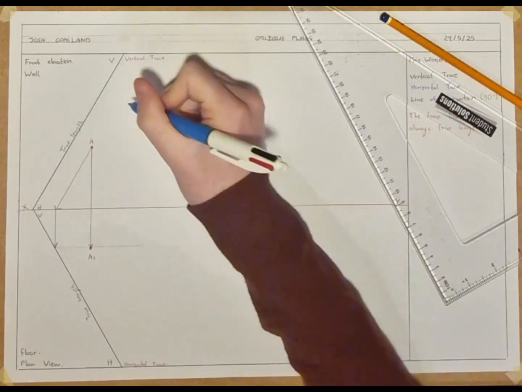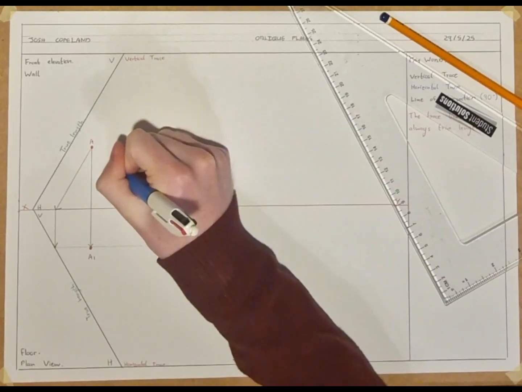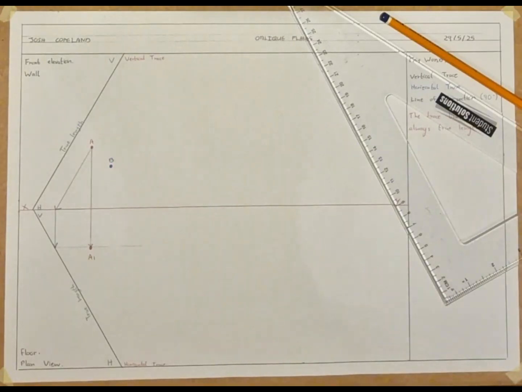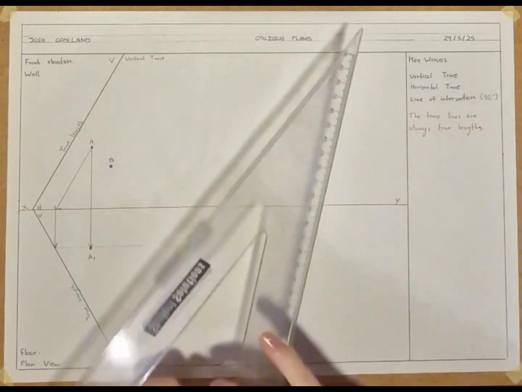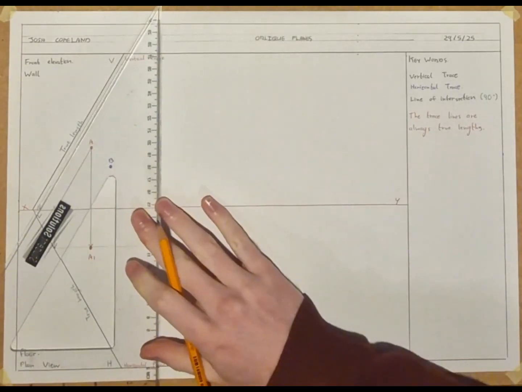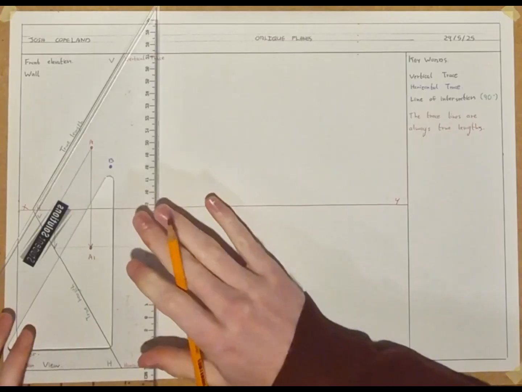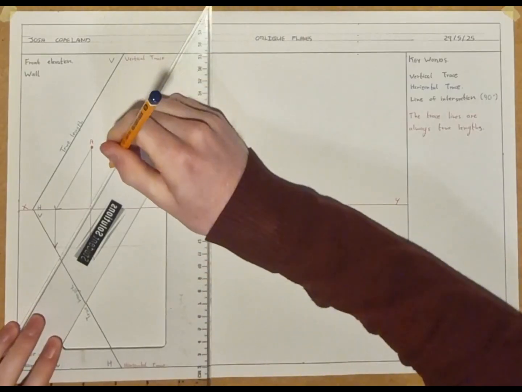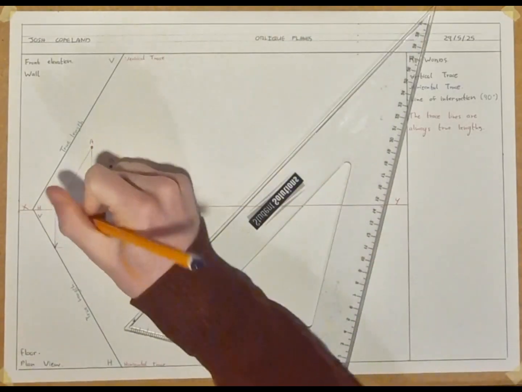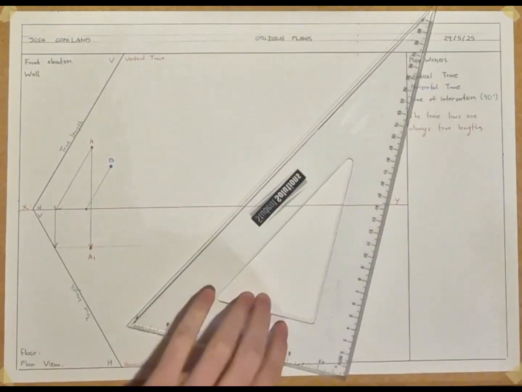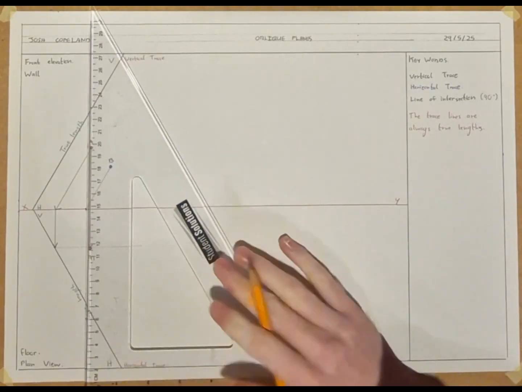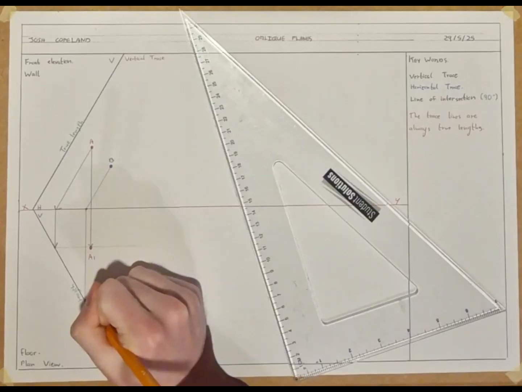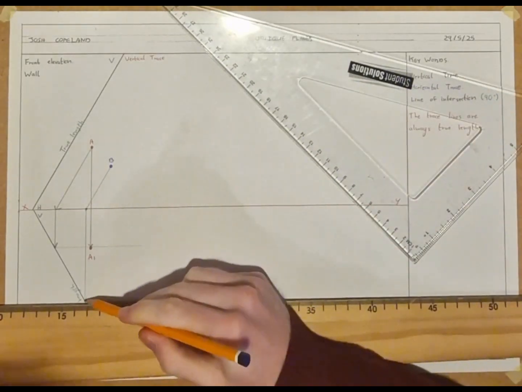Let's do it again. I'm going to try and find this point here. I'm going to call that B. Again, what we're going to do is we're going to get your set square, offer it up to the trace length, or the vertical trace, then bring it over to the point, bring it down to the XY line, that's where it touches the XY line, then bring it straight down to the horizontal trace, that's where it hits the horizontal trace, and then we're going to bring it straight across.